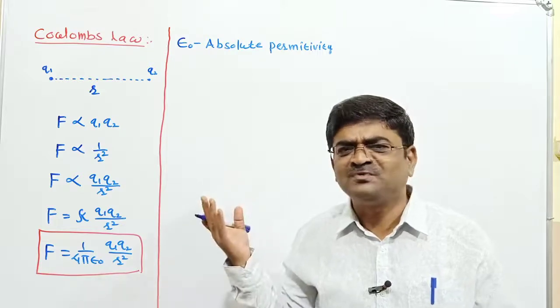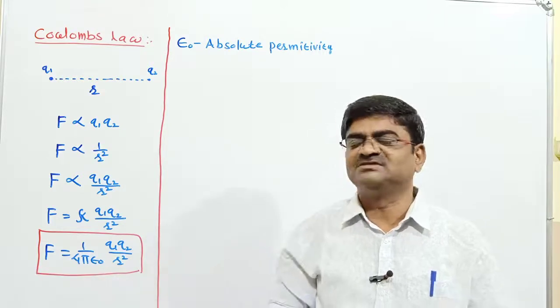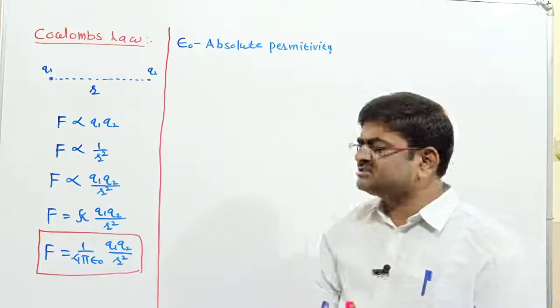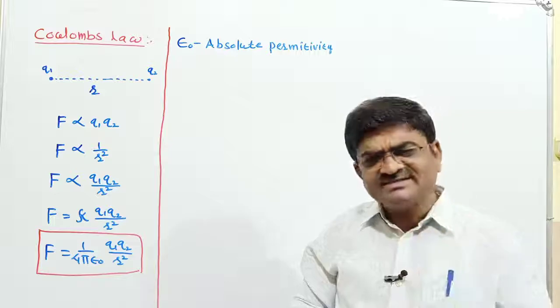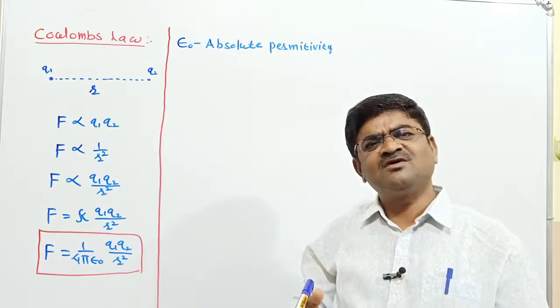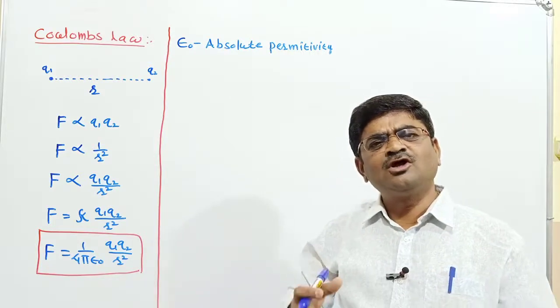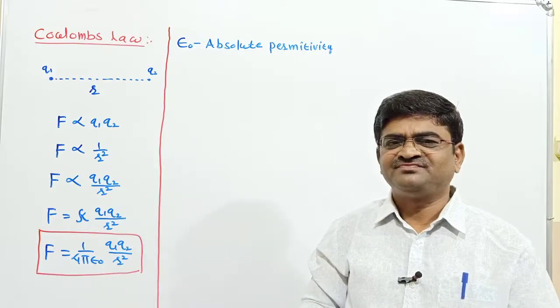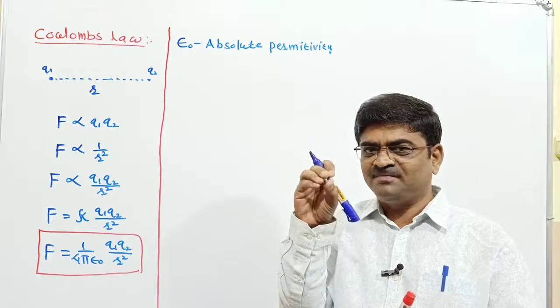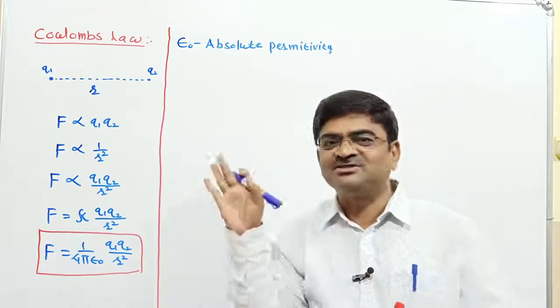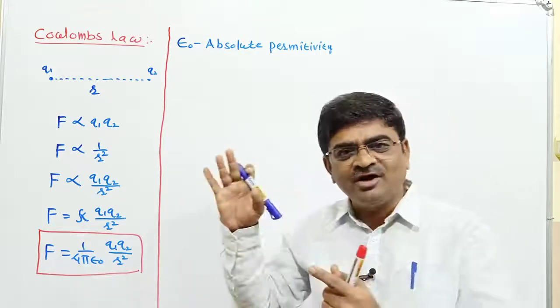Absolute we use for vacuum or free space. I also mentioned that the word permittivity itself tells what role it plays. Permittivity has the ability to give permission to what extent they are going to interact.